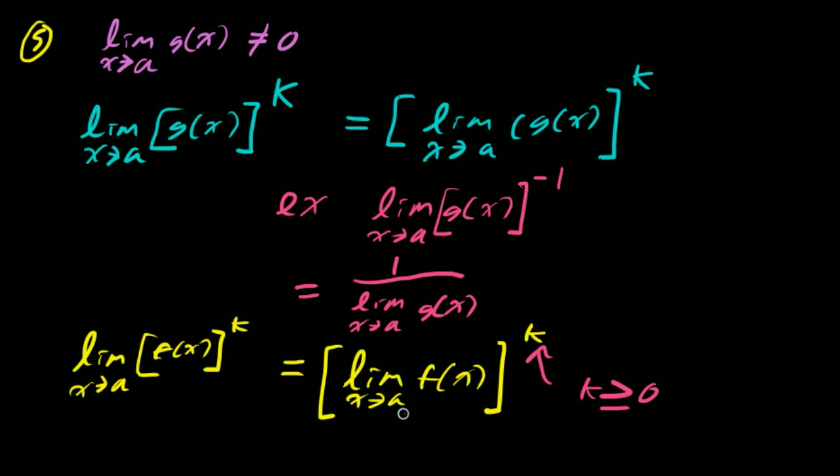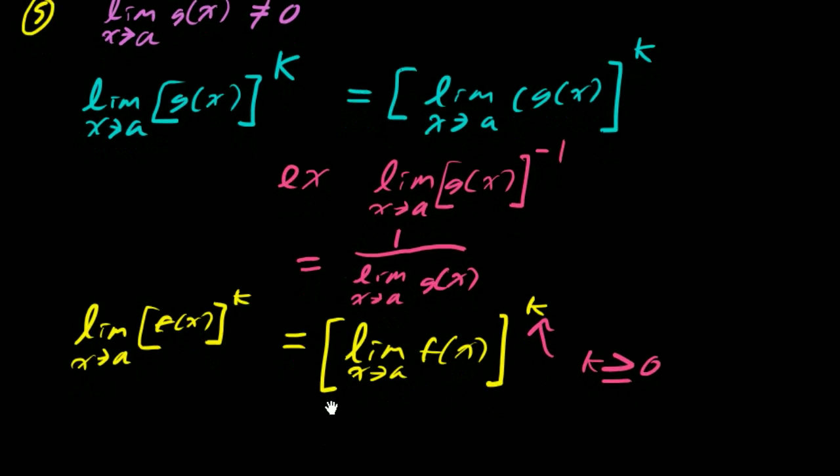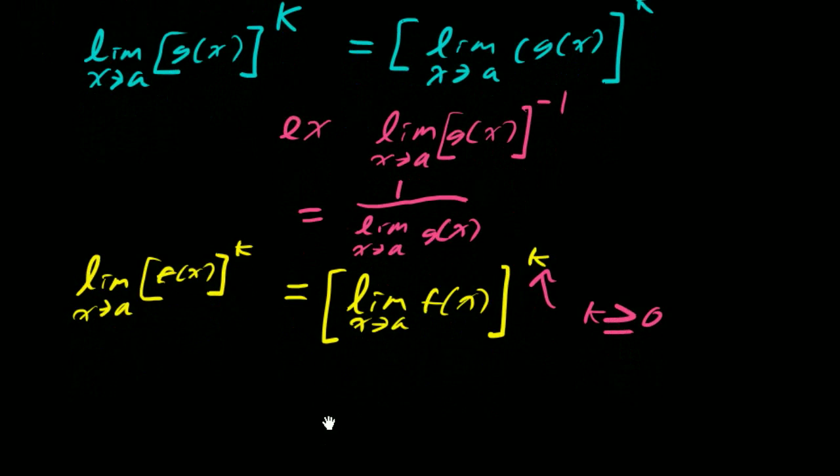And hopefully that's obvious why, because if this limit were equal to 0, then we would have a situation where we were dividing 1 by 0. So anyway, hopefully that makes sense. We'll do an example of that in maybe the next video, just to illustrate that point.